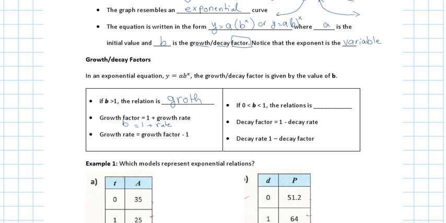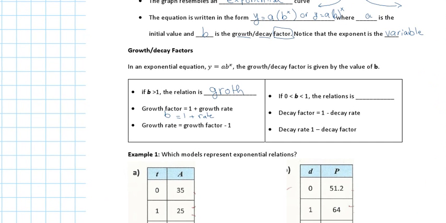Right? So if I say, for example, the population is growing by 7% per year. What's my growth rate? Growth rate is 7%.